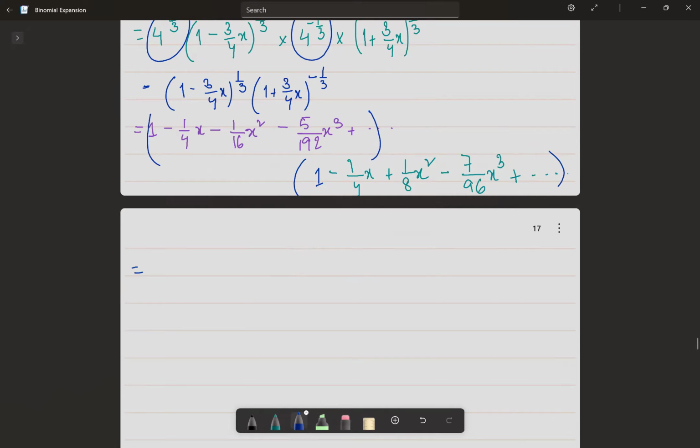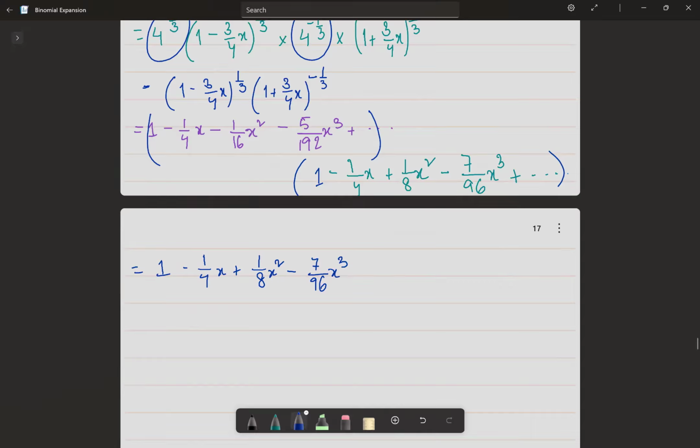So 1 multiplied with the entire thing gives us 1 into 1, which is 1. Then 1 into 1 by 4x will give you negative 1 by 4x. Then 1 into 1 by 8x squared is going to give you 1 by 8x squared. Then 1 into this is again going to give you 7 by 96x cube. Then we will take minus 1 by 4x.